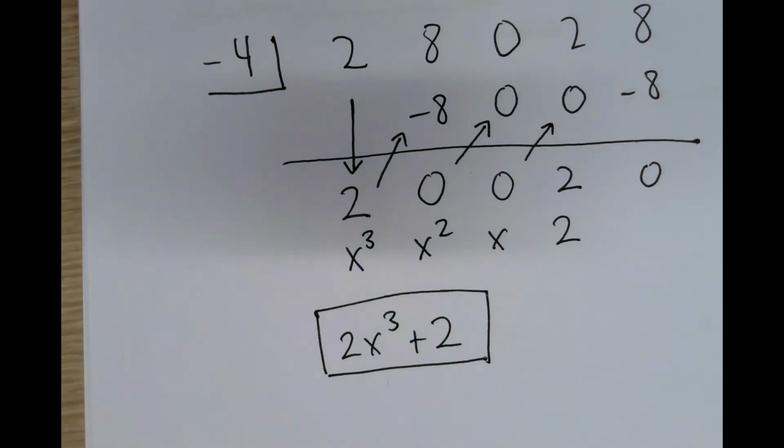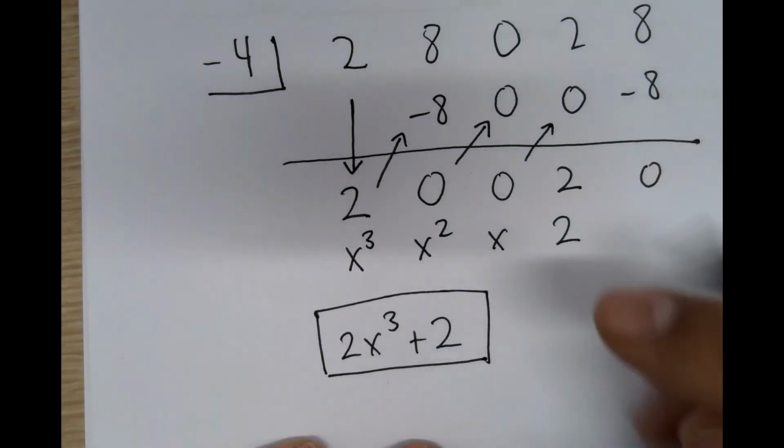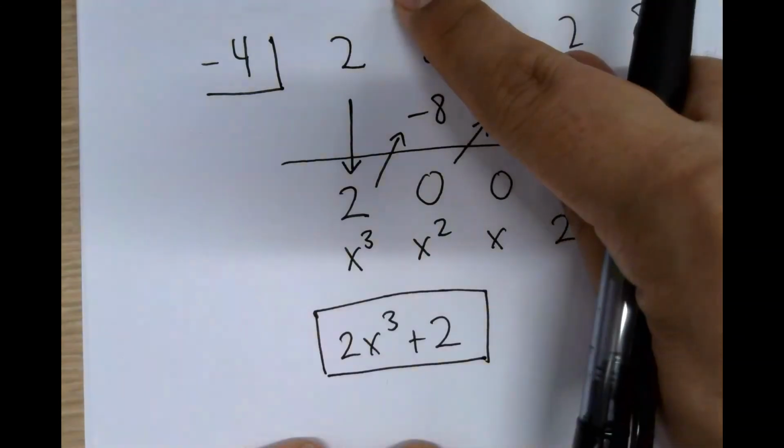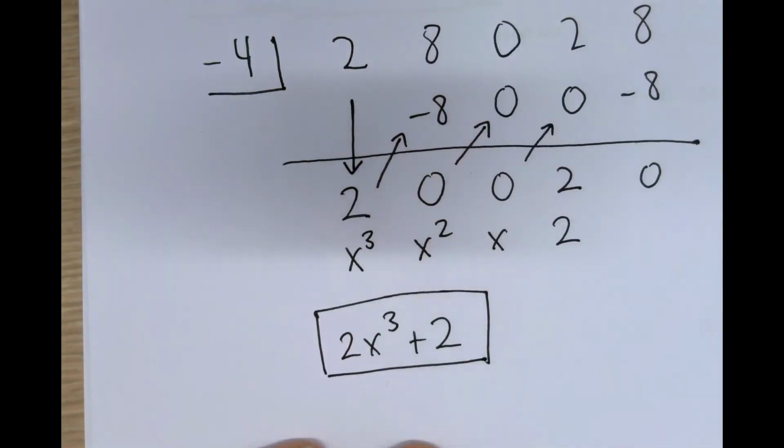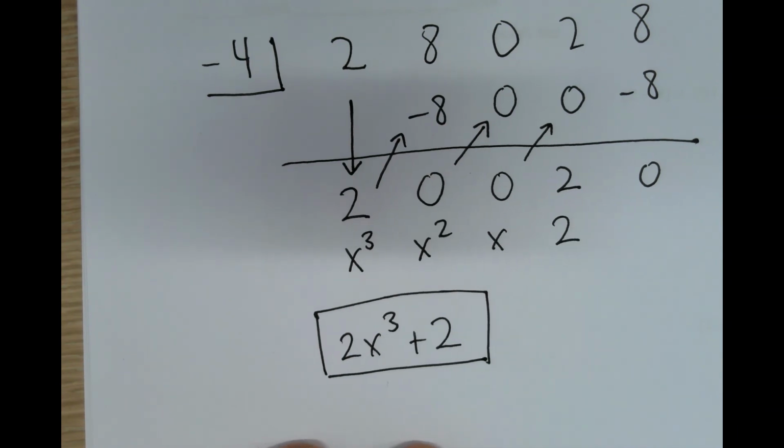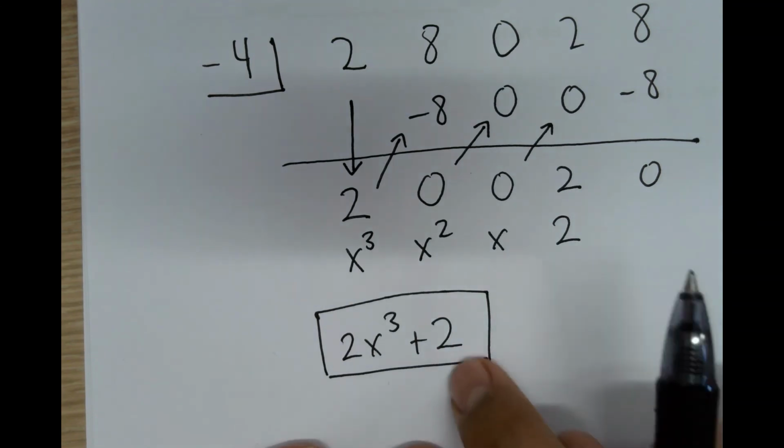So some of you are asking, why does it decrease in value? What's happening here? I just want to show you that if we divide 2x to the fourth plus 8 of x to the third plus 2 of x plus 8, even through long division, you're going to get the same answer, right? You're going to get 2x to the third plus 2.